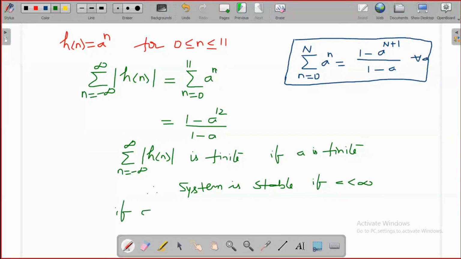If a is infinity, then the system is unstable. Like that you need to give the conclusion with respect to the a value. The stability depends on the a value here. If a is finite, the system is stable, otherwise unstable.